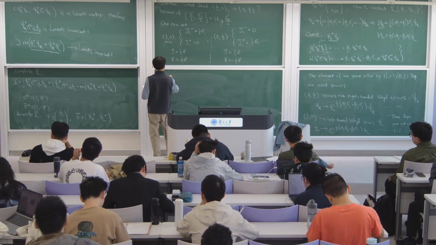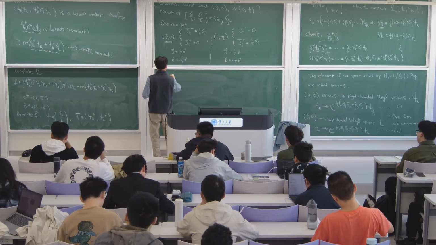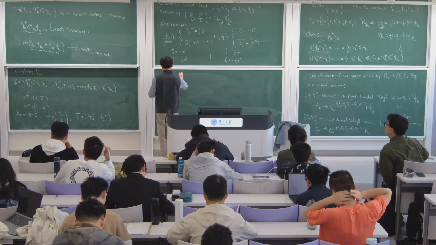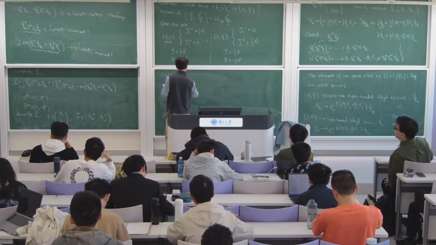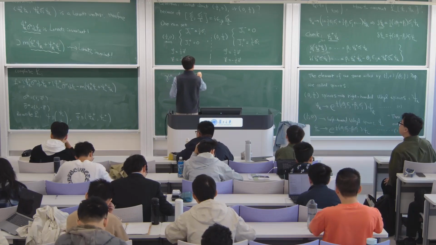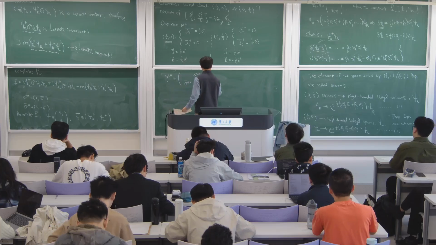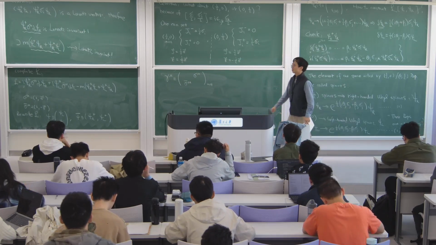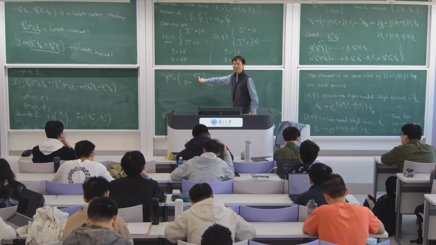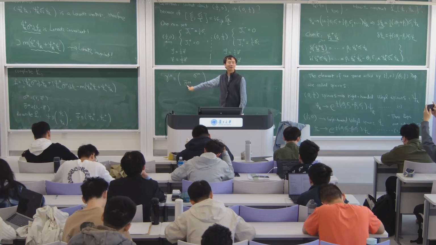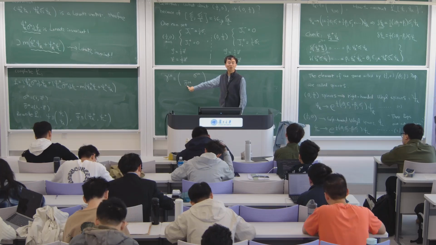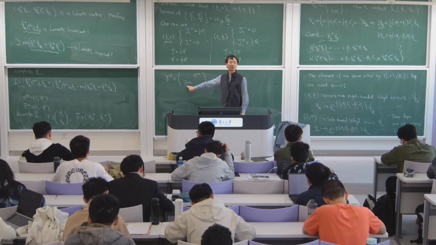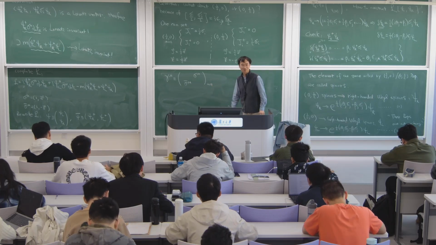I further define a 4x4 matrix in this way. Each sigma is a Pauli matrix, so each sigma is 2x2. I put these 2 sigmas together in this way, so it's a 4x4 matrix.